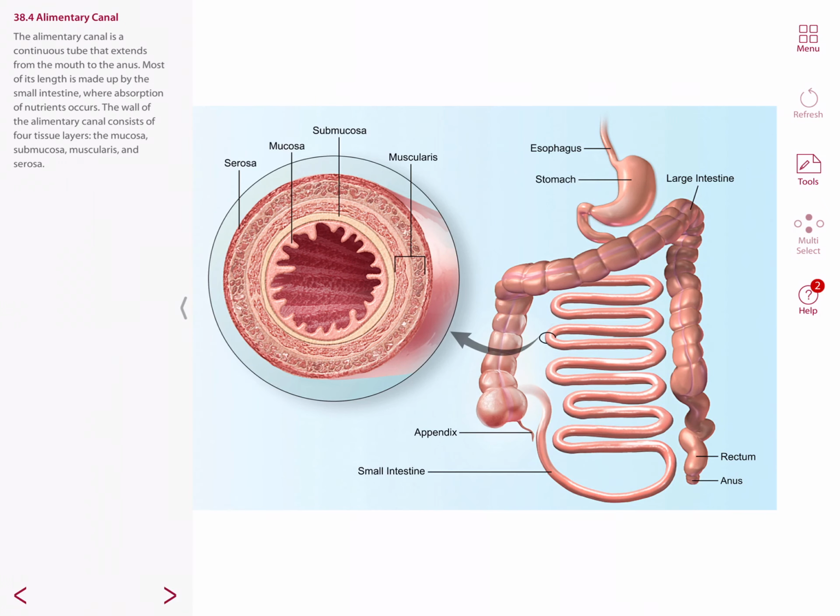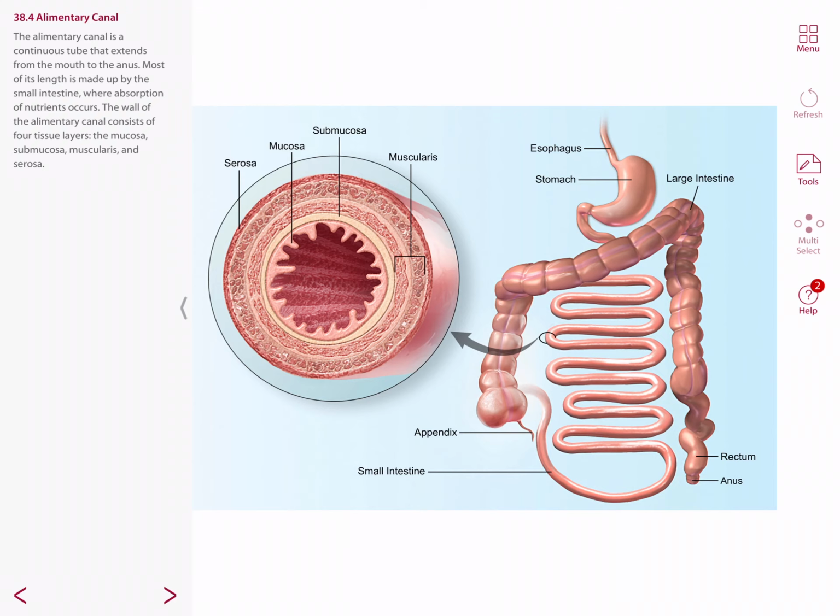When we look at the alimentary canal, the composition is almost the same all the way through. The only exception is going to be the stomach, where we add an additional layer. But the main makeup of this is going to be the same. So on the inside we've got the lumen. From there we have mucosa. That mucosa will consist of epithelial tissue lining the cavity, the lumen, and then we've got some connective tissue along with that.